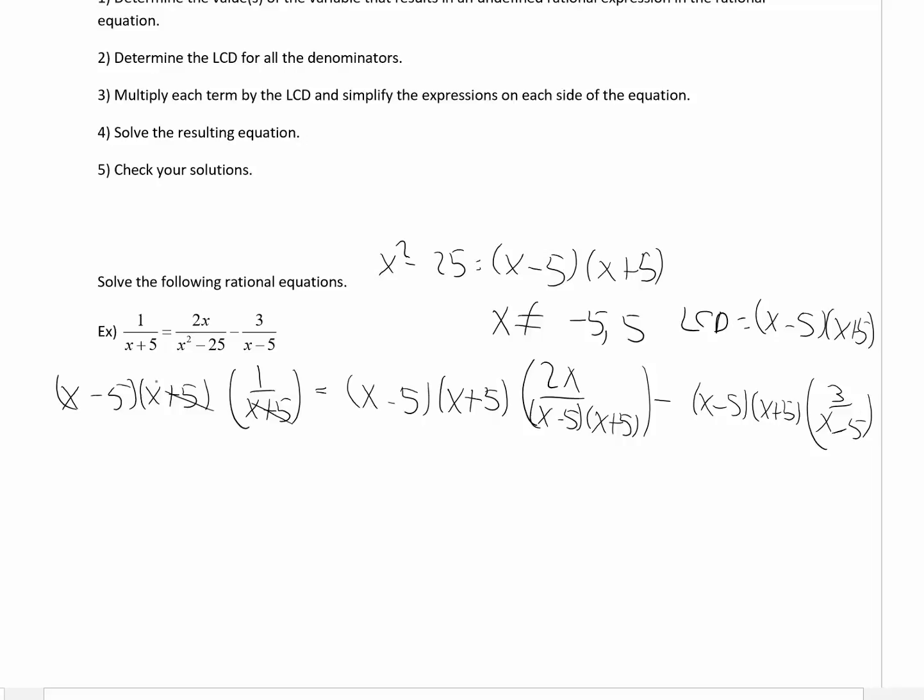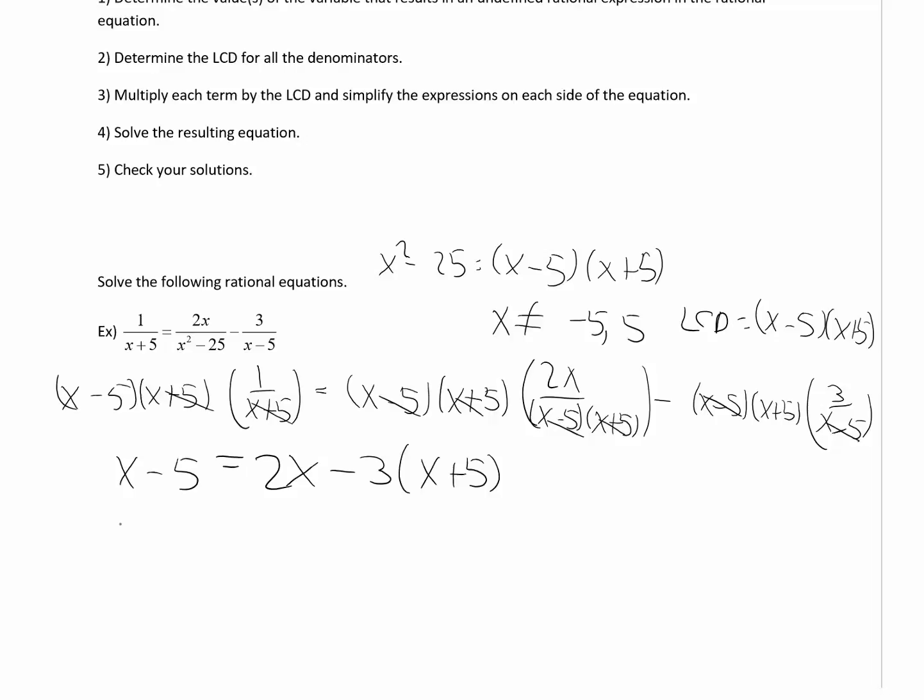Okay, the x plus 5's divide out. x minus 5 times 1 is x minus 5. x plus 5's divide out, so the x minus 5, so that leaves us with 2x. Here the x minus 5's divide out, so it's minus 3 times a quantity x plus 5. So again, by multiplying by the LCD, it gets rid of all our fractions and makes the equation easier to solve.